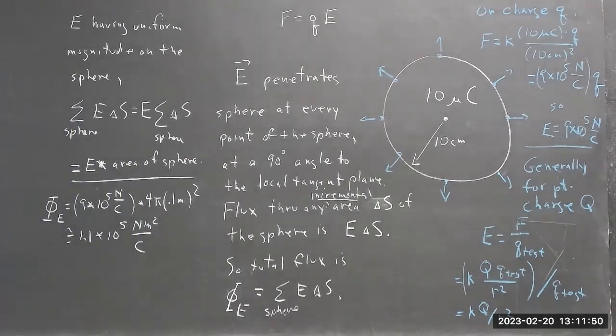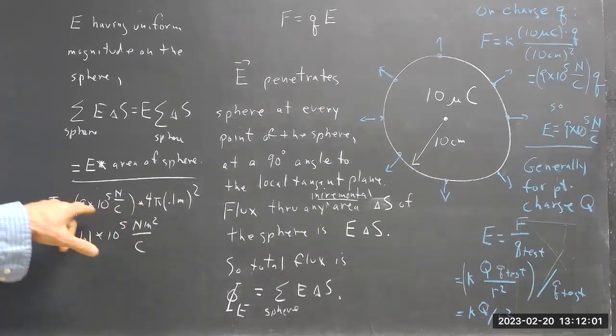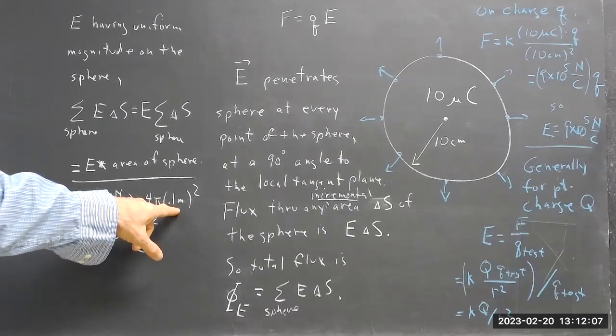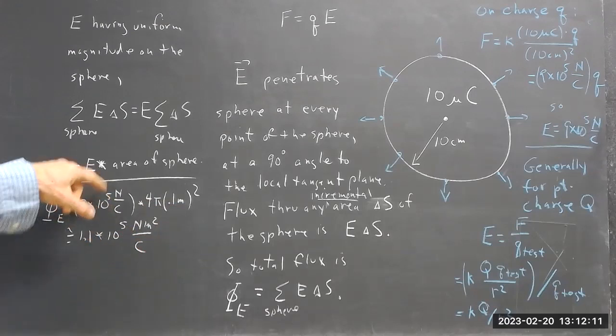I think I'm getting 1.1 times 10 to the 5th newton meters squared per coulomb. Again, 4 pi times 9 is something over 100, about 10 to the second, and 0.1 squared is about 10 to the negative second. So I think we don't end up messing with that 10 to the 5th.